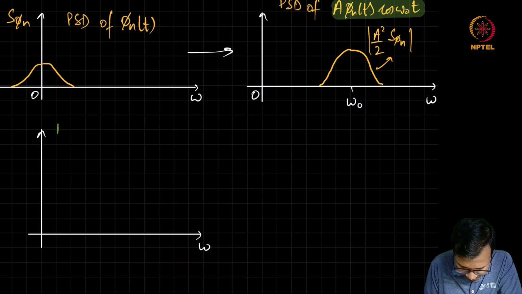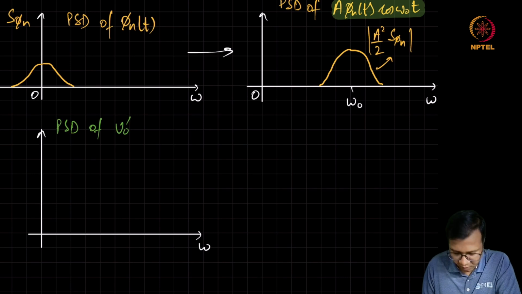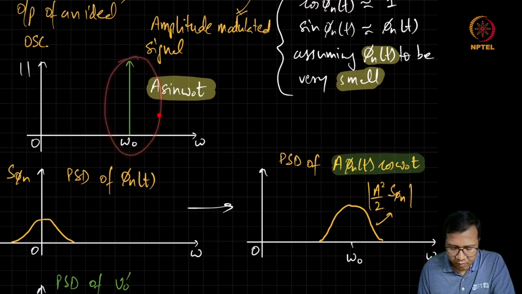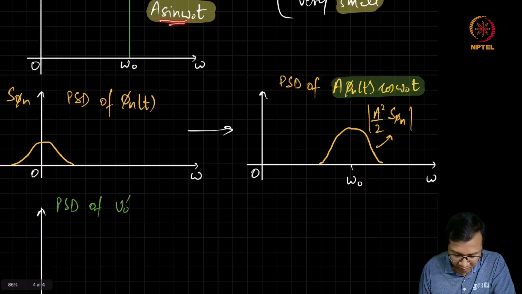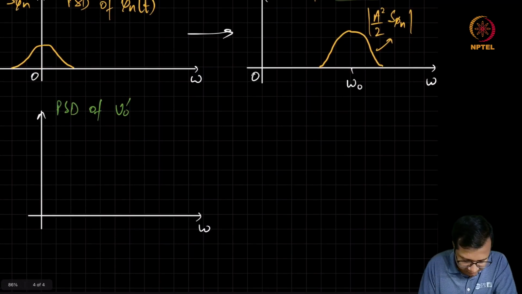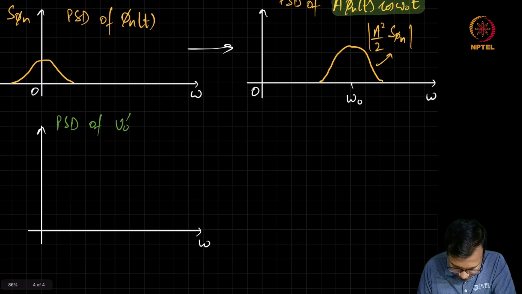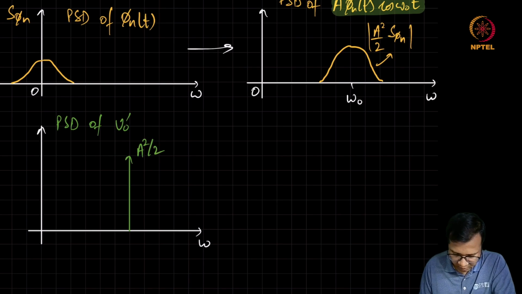The first term is going to have an impulse with a strength of A squared by 2.